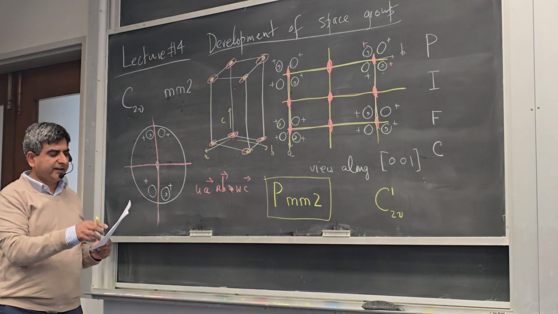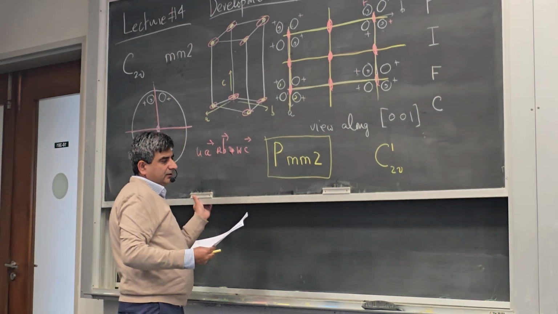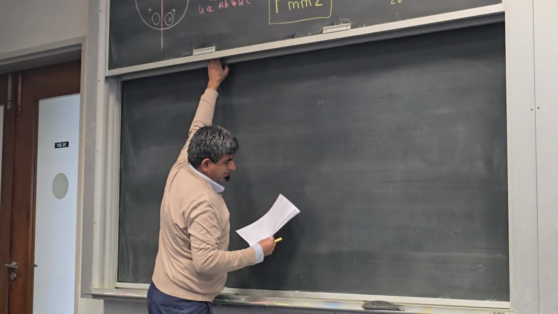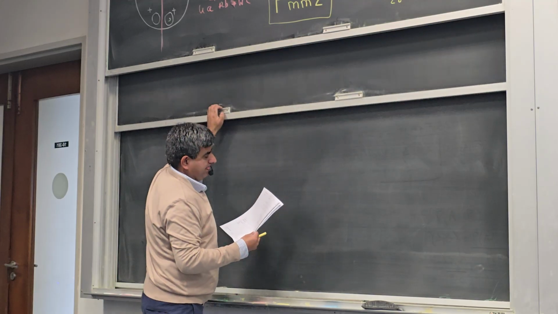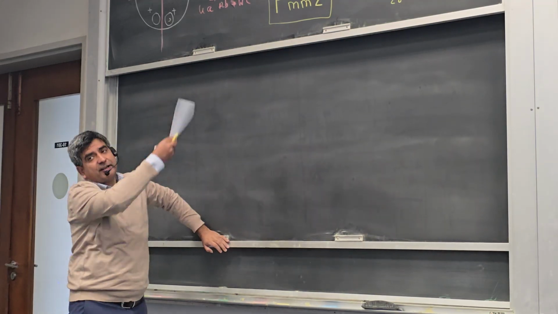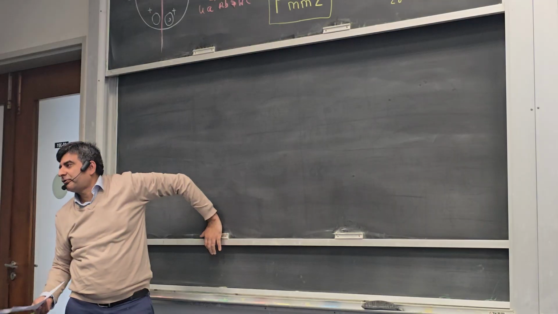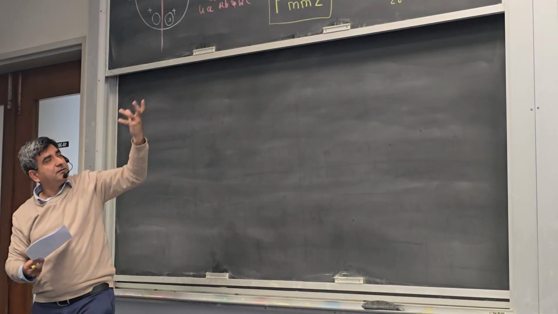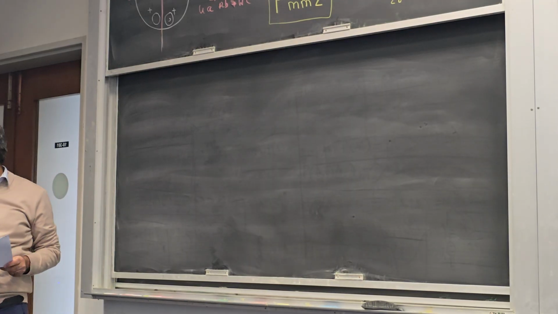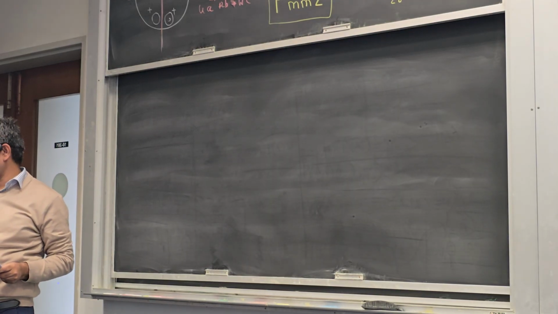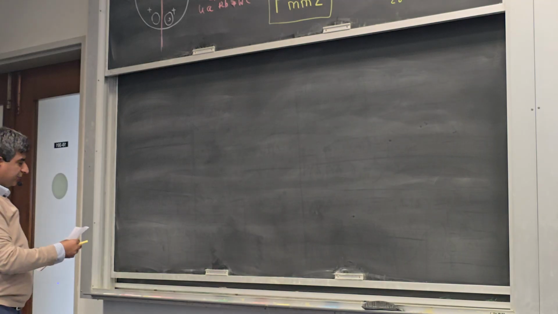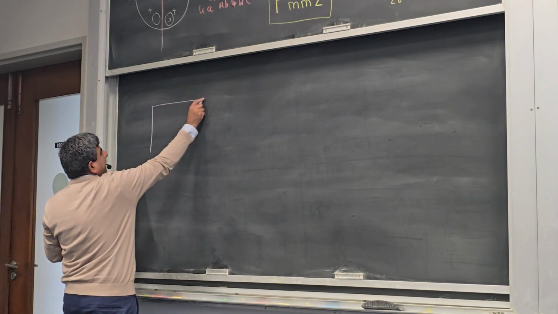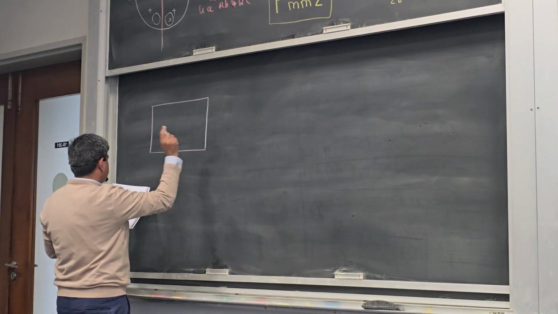If you look at the second diagram, the top right diagram, the thick yellow lines represent mirror planes that are coming out of the plane of the blackboard, and these pear-shaped icons represent two-fold axes coming out of the plane. Now, in this diagram that you see on the right, you have a projection along another axis.